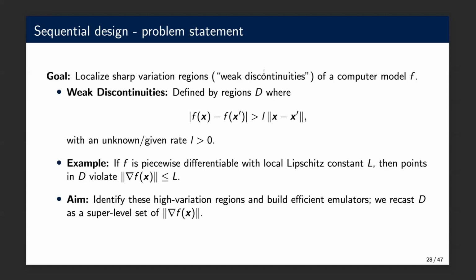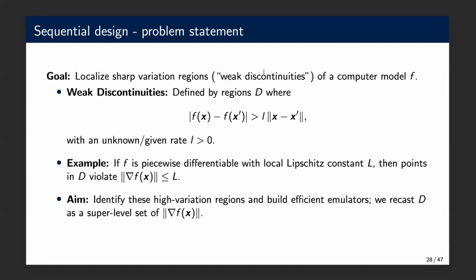As I first introduced before, what we are interested in are the localized sharp variation regions of the computer model F. I found a suitable definition called weak discontinuities, defined by the region D, where each point in this region satisfies the first equation.